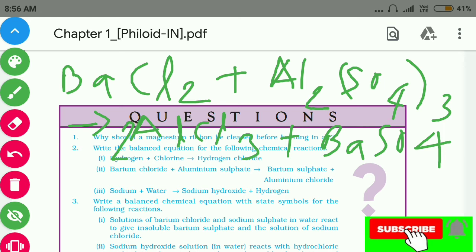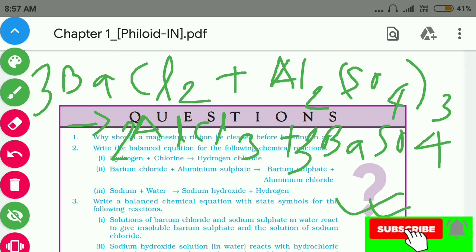Chlorine is 6, so write 3 here. Then barium is 3, and sulfate SO4 is also 3. So you will get a balanced equation: 3BaCl2 plus Al2(SO4)3 gives 2AlCl3 plus 3BaSO4. So this equation is complete.